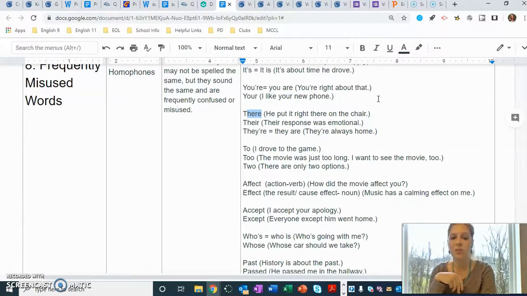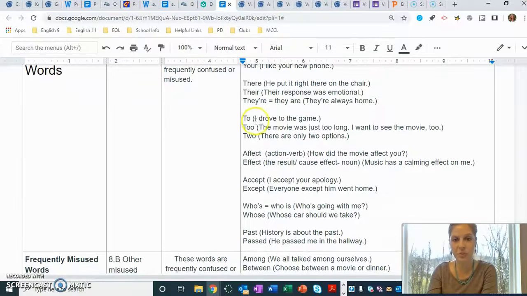So you know it's a place word, not over there or not here, over there. And then THEIR is possessive. So if you know the word the heir to the throne, or if you're the heir to your mom's jewelry when she passes away, you are going to get it upon your parent's death or whatever. So it's possessive. So their, THEIR, is possessive.